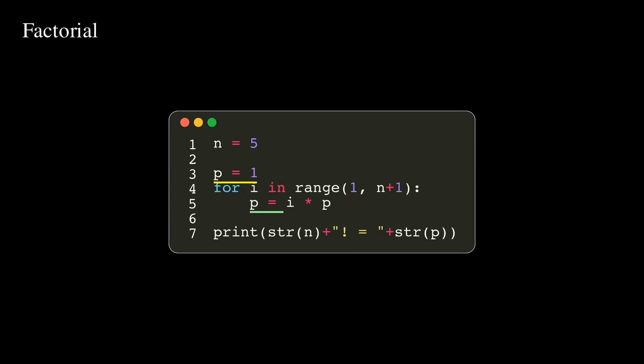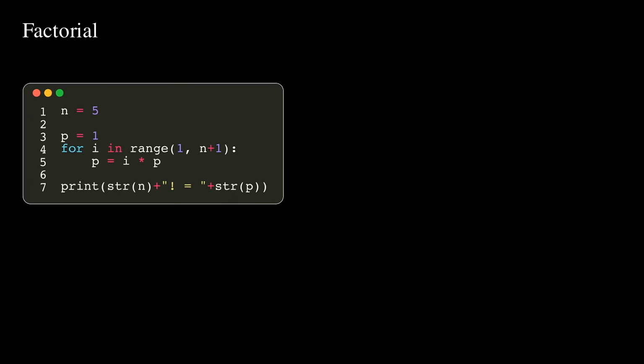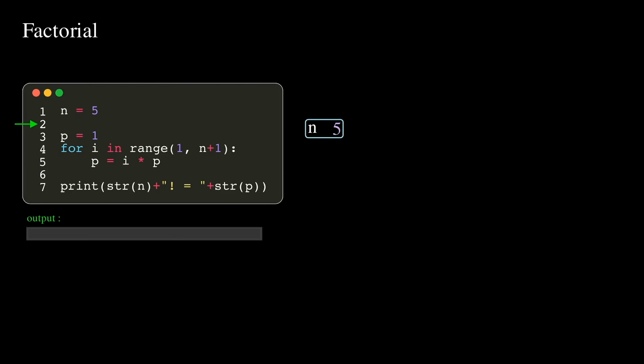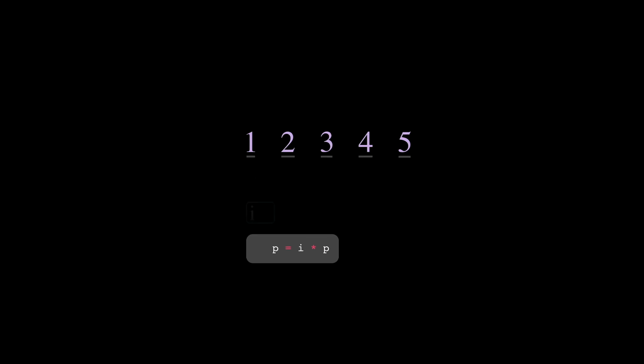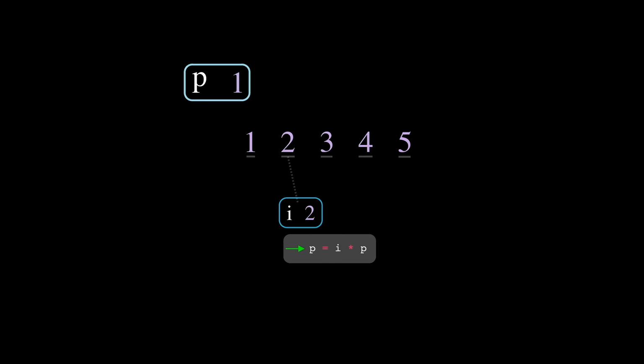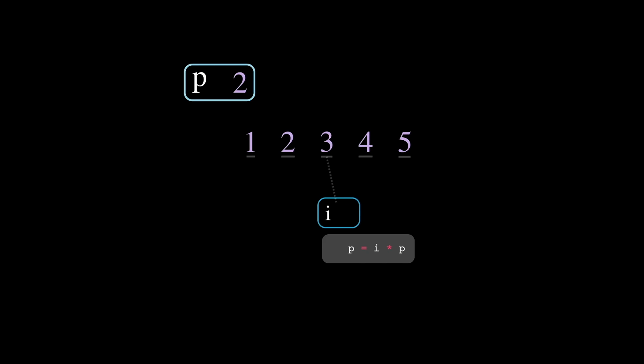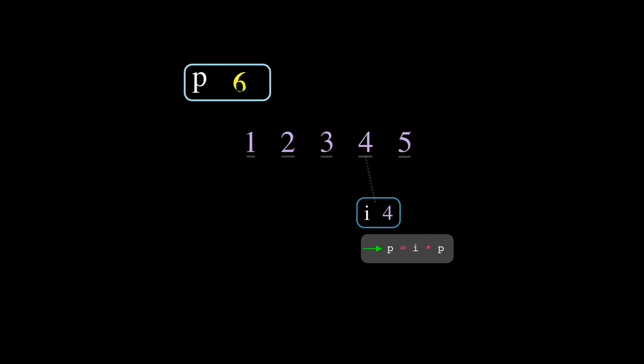When the loop is running, we iteratively multiply the variable I into p. The variable p basically serves as a collector, storing the product of all the natural numbers it has seen as the loop marches forward.